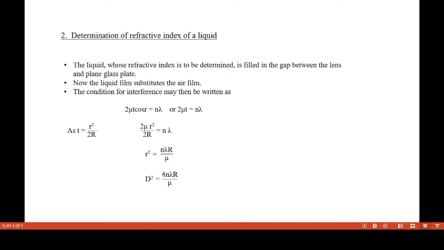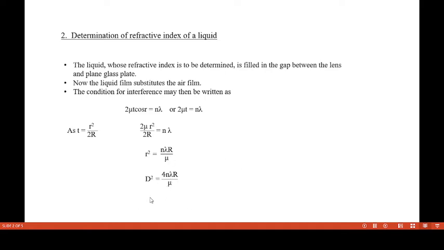Substituting, we get 2 mu times r square upon 2R equals n lambda. So 2 cancels, and r square can be written as n lambda R upon mu. In terms of diameter, this becomes d square equals 4n lambda R upon mu. You can just verify this.